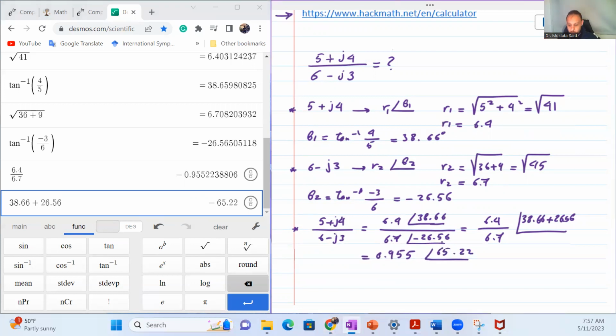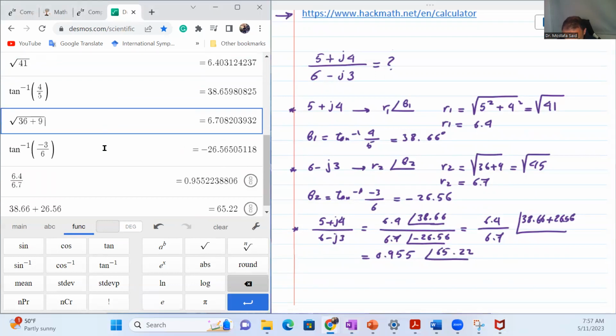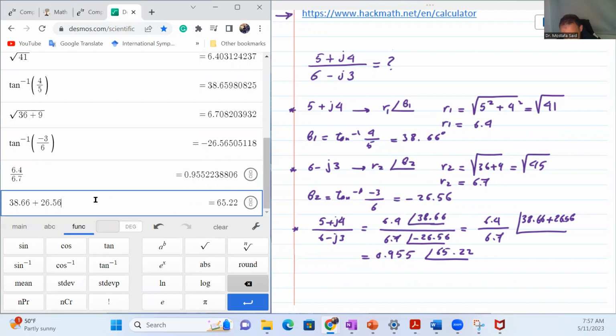Look how far we've come. That's basically the answer. And look how many calculations we did: 1, 2, 3, 4, 5, 6 calculations to get the division of two complex numbers.